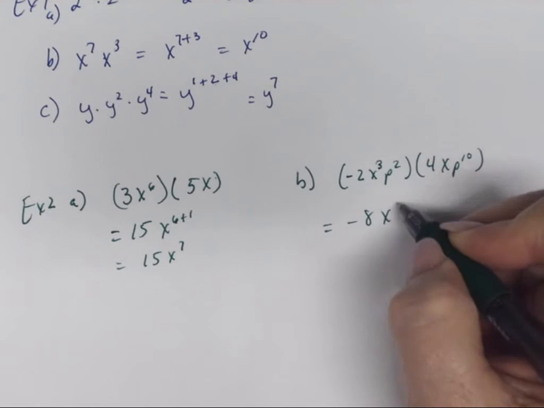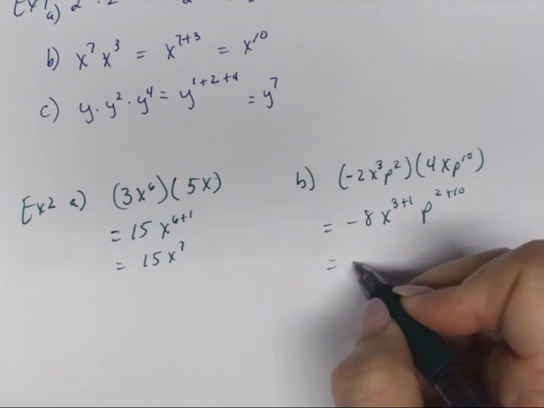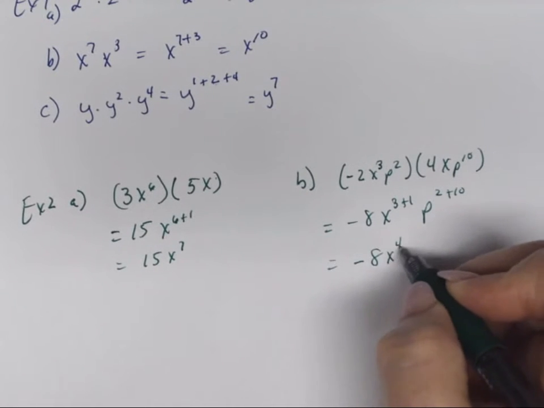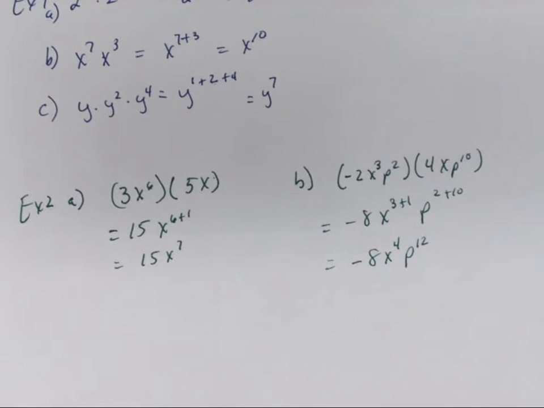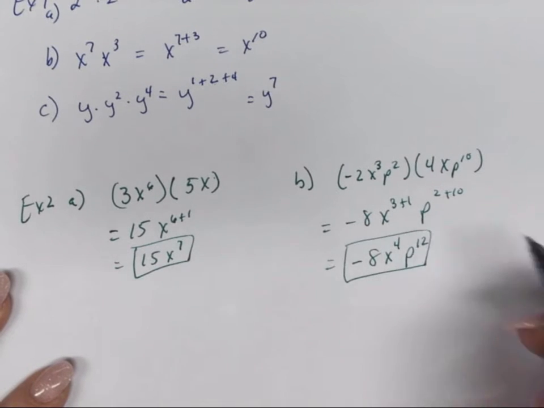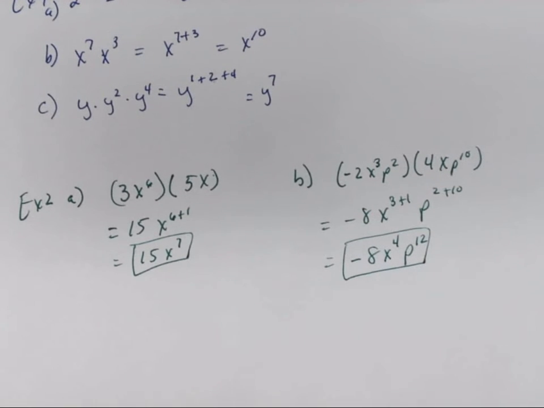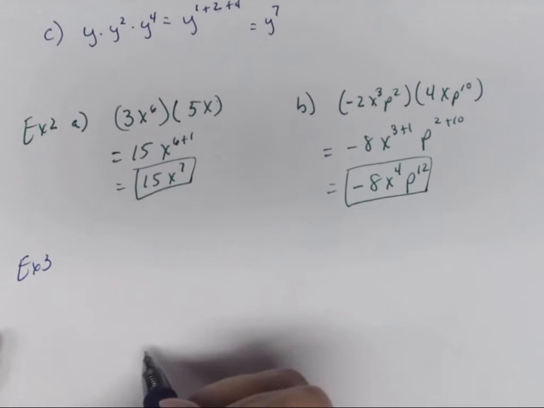And then it'll be x to the 3 plus 1 and p to the 2 plus 10. This will be negative 8 x to the 4 p to the 12. And I guess I should box it so you really know that that's the final answer. All right, let's look at another example. This will be example 3.